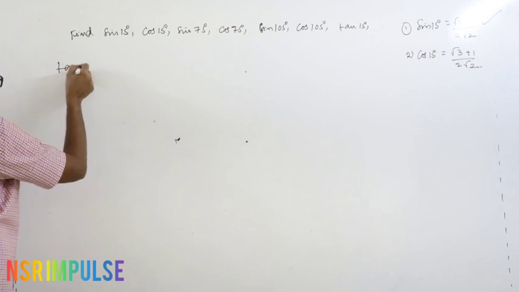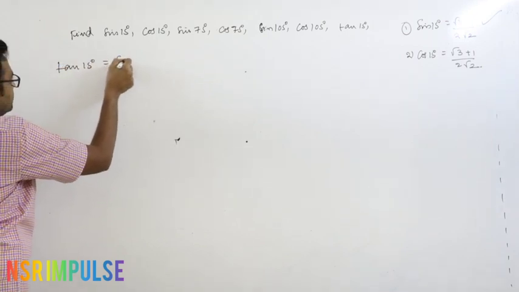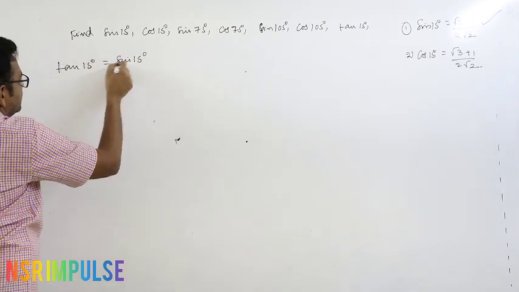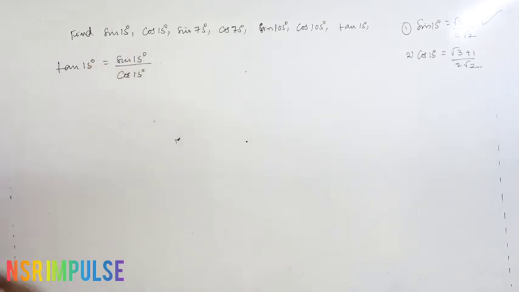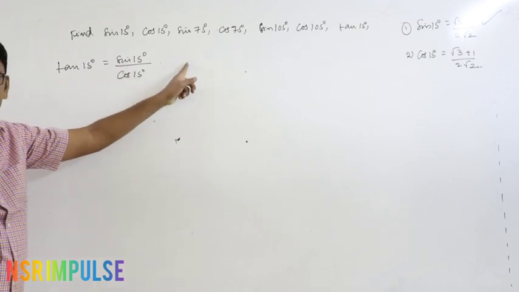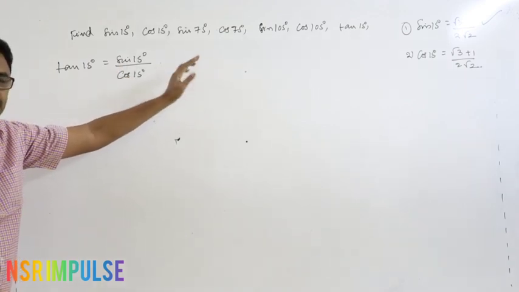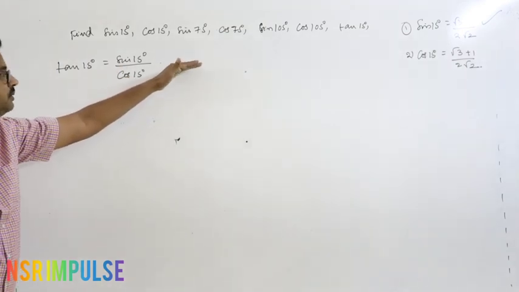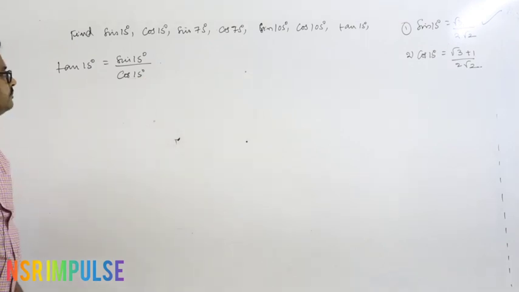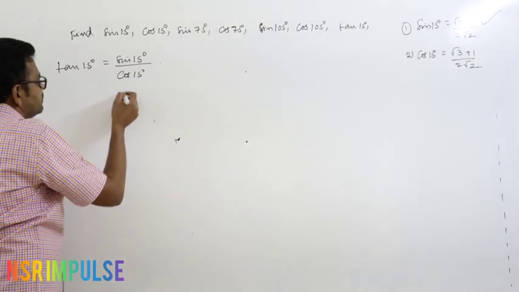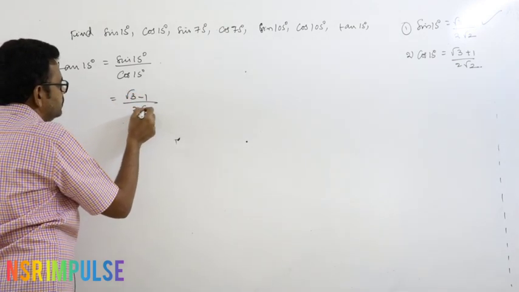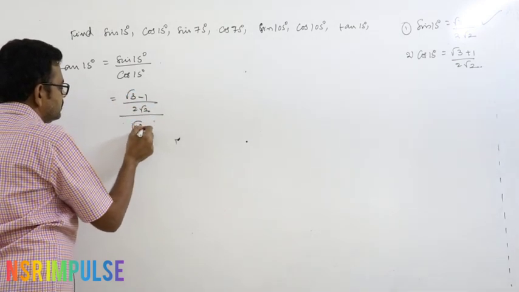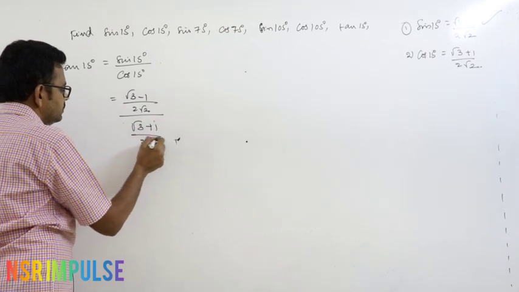Now tan 15 degrees equals sin 15 degrees by cos 15 degrees, or tan of 45 degrees minus 30 degrees. That also gives the result. Sin 15 degrees value root 3 minus 1 by 2 root 2, by root 3 plus 1 by 2 root 2.